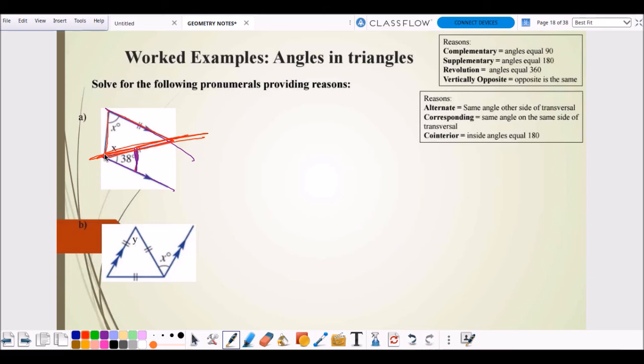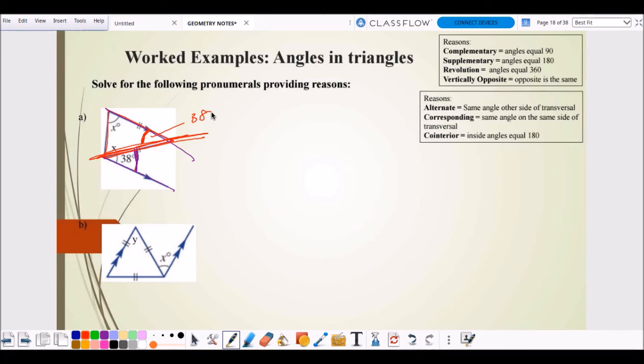So if that's 38, what would this angle be? Also 38, because it's what you'd call an alternate angle. So if that's 38, these two angles have to be the same. It's an isosceles, it means there's two angles that are the same.